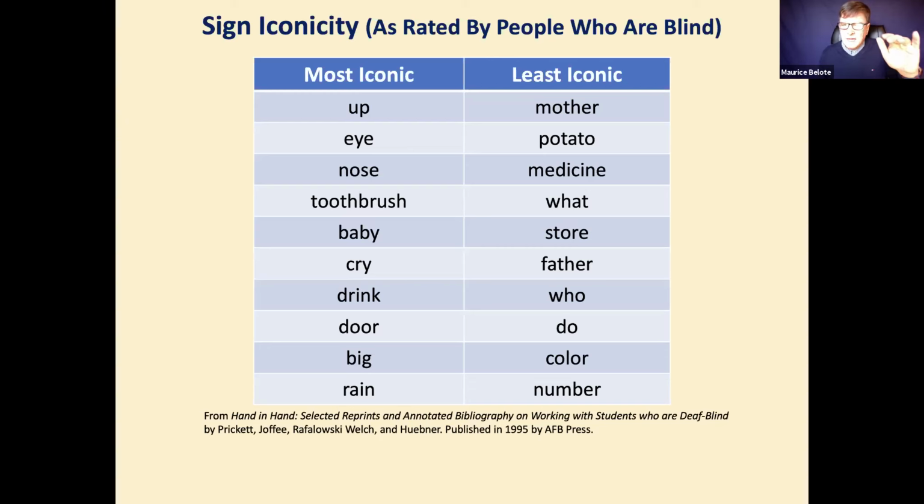But iconic signs: up, eye, nose, toothbrush, baby, cry, drink, door, big, rain, and signs that aren't iconic at all, totally abstract: mother, potato, medicine, what, store, father, who, do, color, number, not iconic in the least.